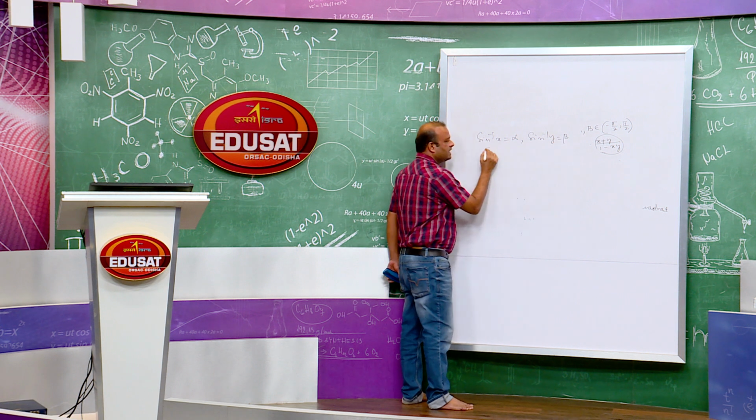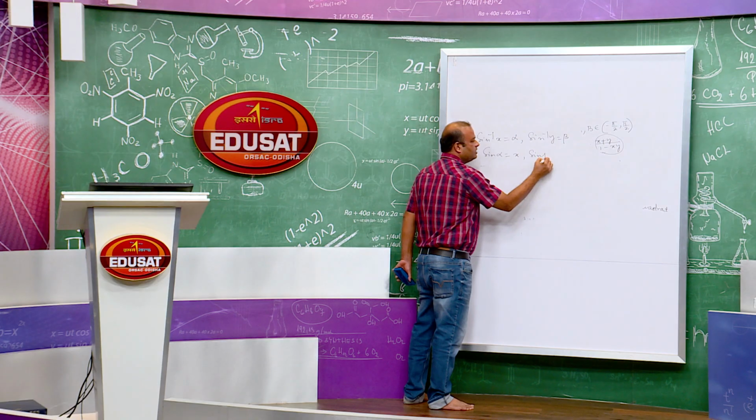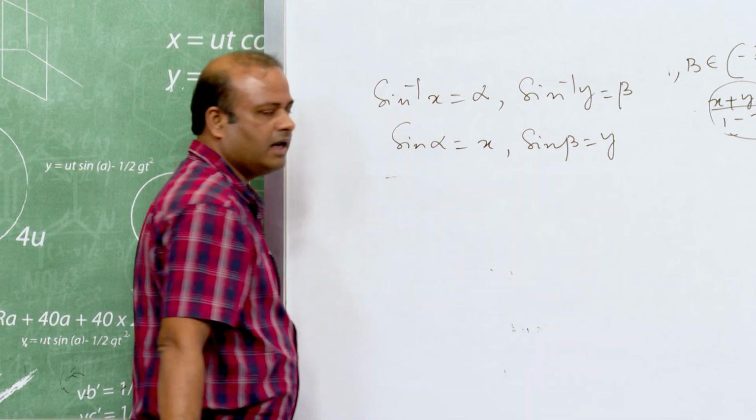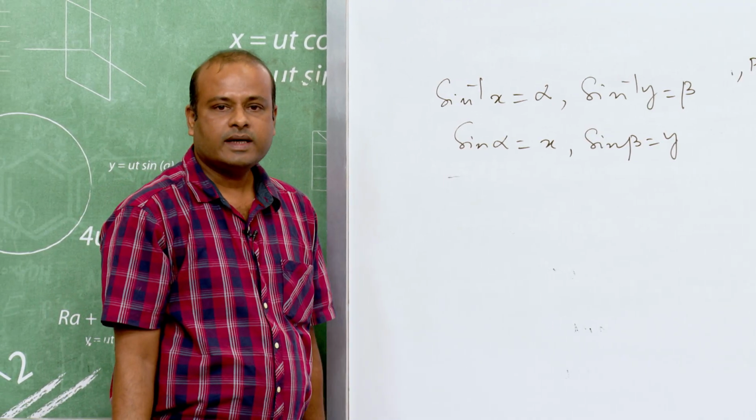So now sin alpha is equal to x and sin beta is equal to y.